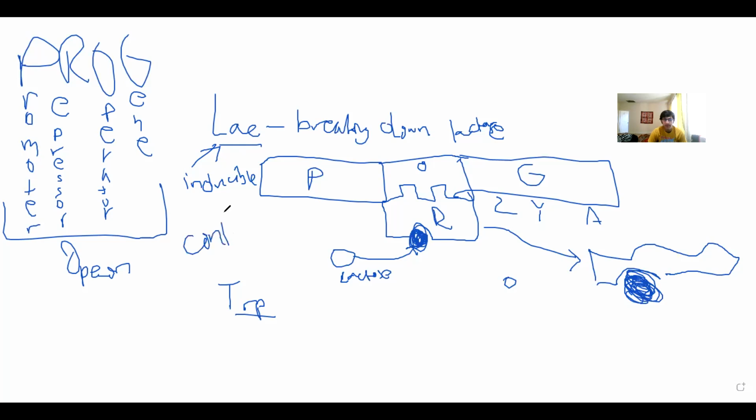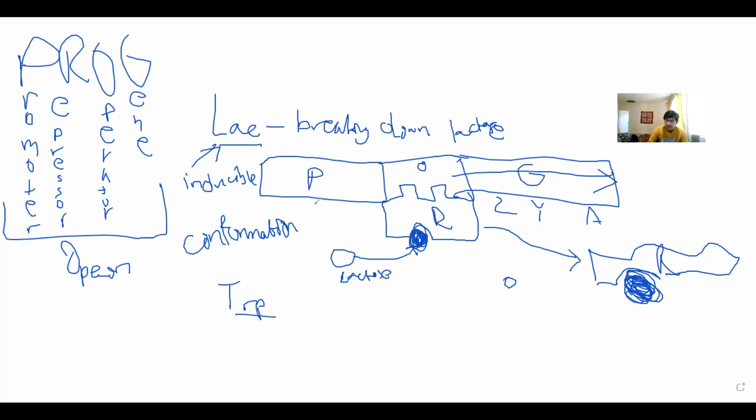Conformation is spelled C-O-N-F-O-R-M-A-T-I-O-N. The conformation of this repressor changes, and now it can't fit in there. So now what happens is RNA polymerase is going to be able to transcribe this gene and make those enzymes that are responsible for breaking it down. So it's kind of like a negative feedback mechanism.